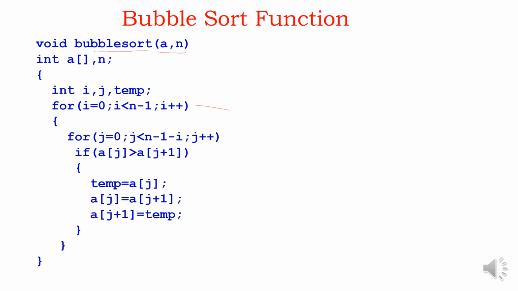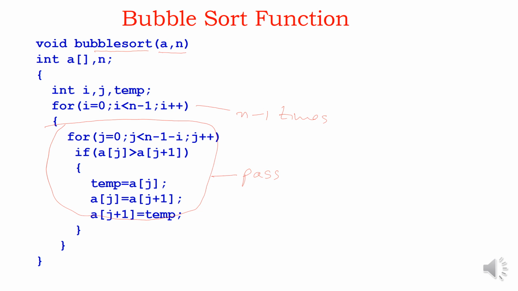We are performing some operation n minus 1 times. This is the operation we are going to repeat n minus 1 times. The operation is said to be a pass. It needs n minus 1 passes to perform the bubble sort process.